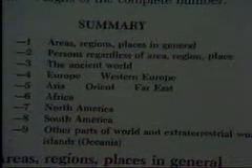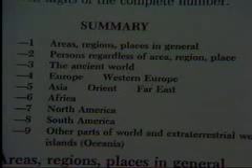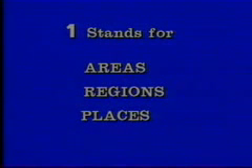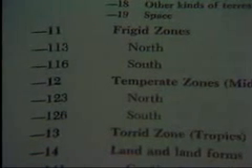The allocation of the notation is simple. 1 stands for areas, regions and places in general. The subdivisions of 1 give physiographical places of the world. It can be mountains, valleys, rivers, oceans, forests, deserts, etc. They can be represented by zones.